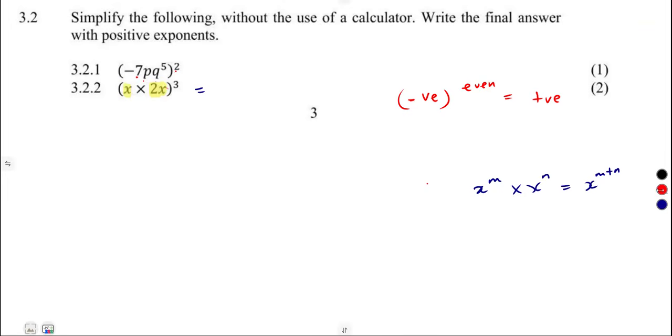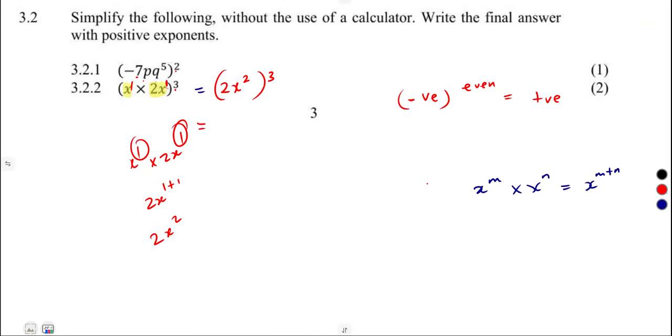So guys, this is also a 1. So it was simply x to the exponent of 1 times 2x to the exponent of 1. You add the exponents, 1 plus 1, which is 2x squared. So this is going to be 2x squared, but raised to the exponent of 3.